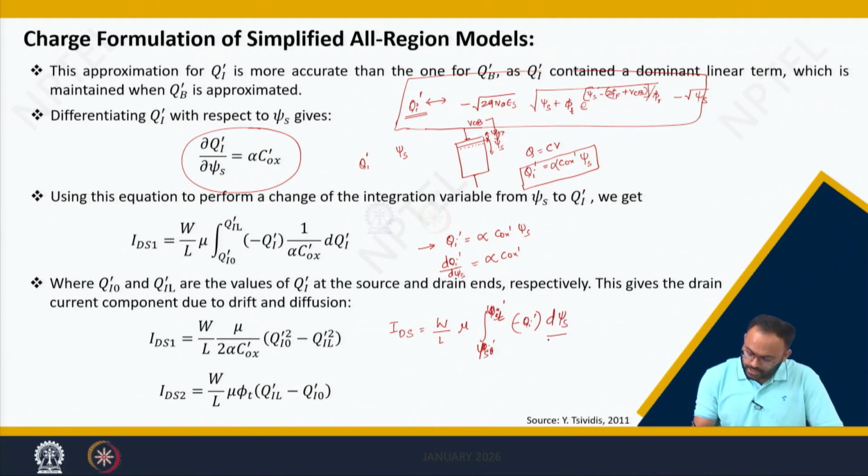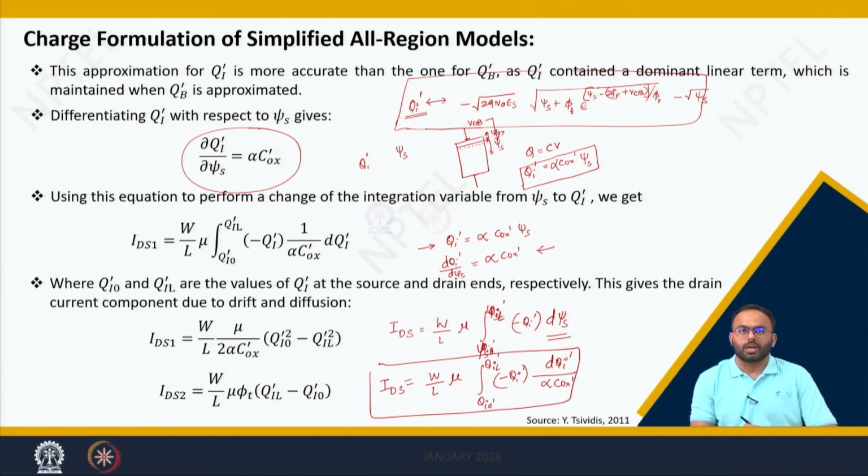So we'll replace this d psi s from here as dQi dash by alpha into Cox dash, and we'll change the limits of this integration as Qi dash 0 to Qi dash L. By doing so, we'll form a current equation which is not dependent on surface potential, and we'll get the whole equation in terms of inversion charge.